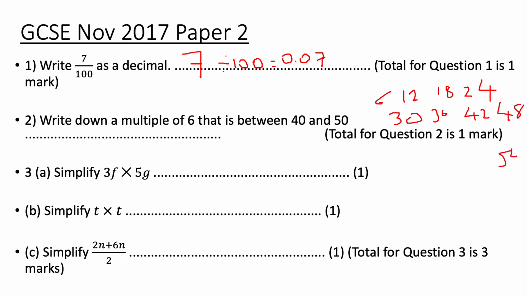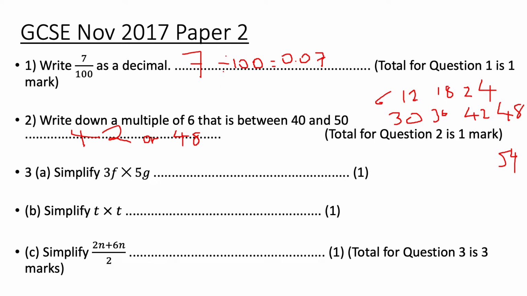So 54 is too big, so it's either 42 or 48. Okay, so the answer is 42. I've put here 42 or 48, but please don't put both because it's asking for a multiple, so it's asking for one single number.